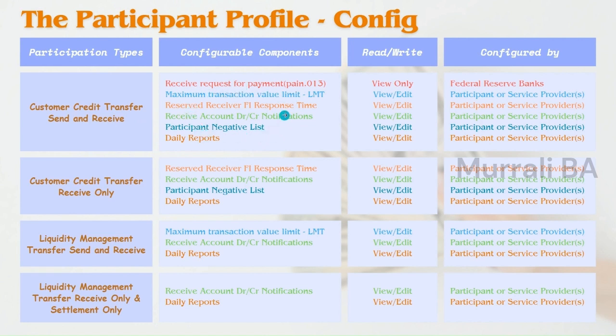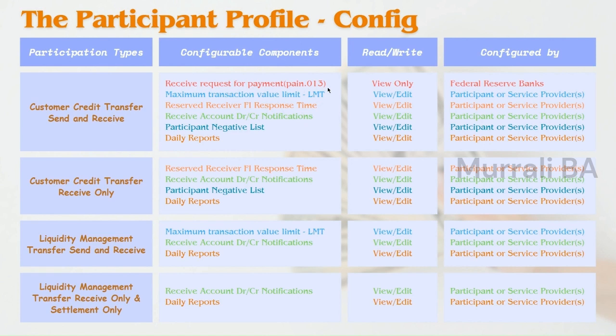These are receive request for payment, which means the pain.013 message. The pain.013 message is used for request for payment. For example, a customer can request his friend to pay him, right? Or a small business can request their customers to pay for the services they opted for. So you will send a request, they accept it, and you will get a payment back.